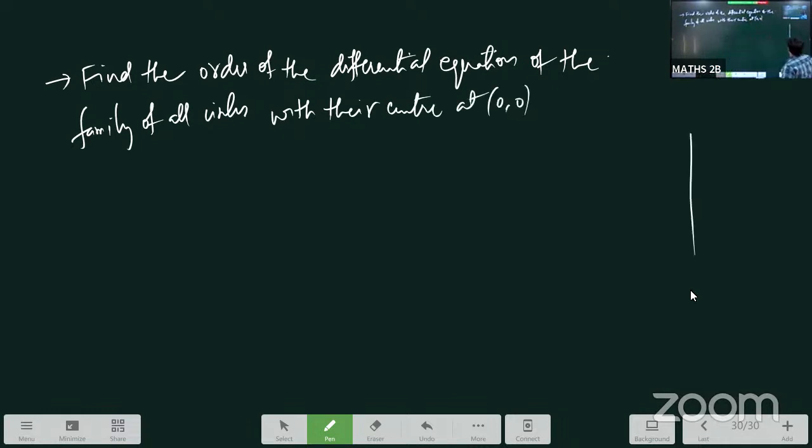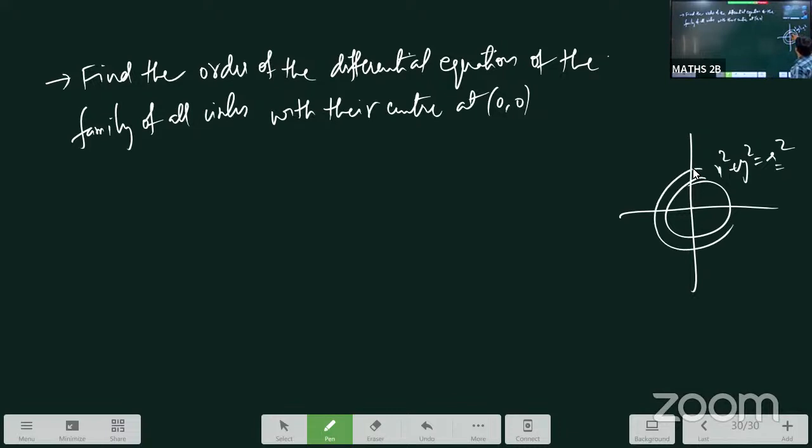Family of all circles with center at origin means that equation will be x square plus y square equal to r square. You keep on changing your r value, I get different family of circles. Means r is an arbitrary constant.